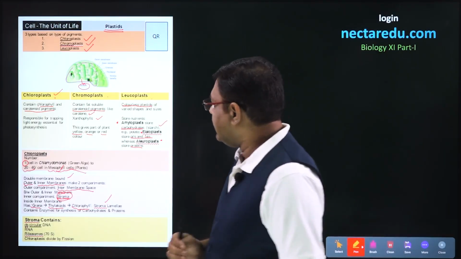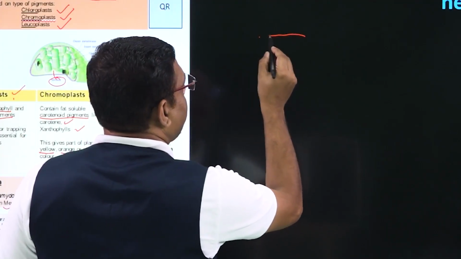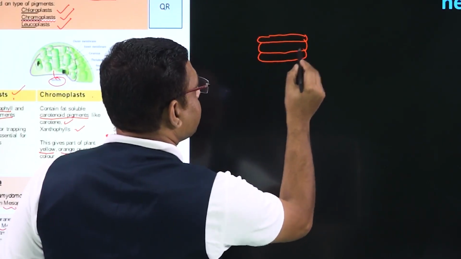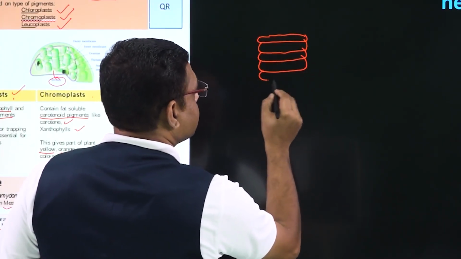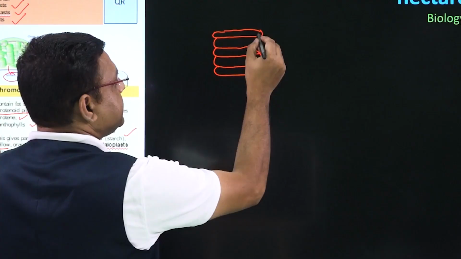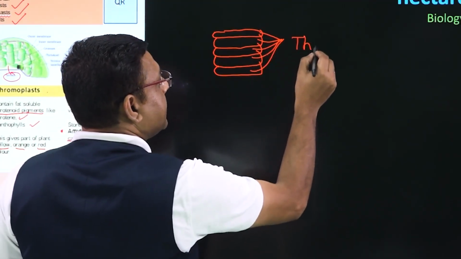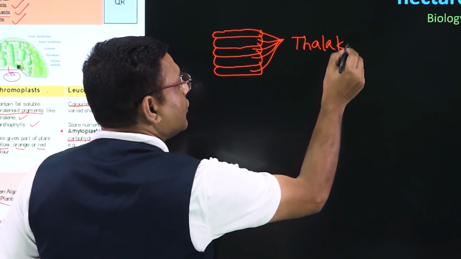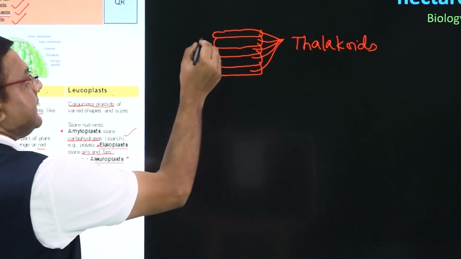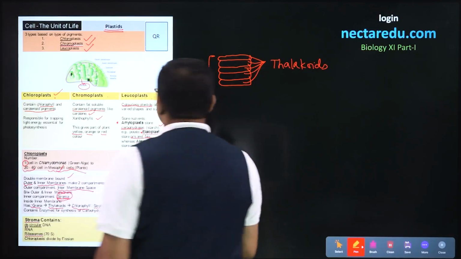If we look into the structure of grana, they look like a stack of coins. Each individual part is called a thylakoid. Here, 5 thylakoids are stacked and the whole structure is called grana.